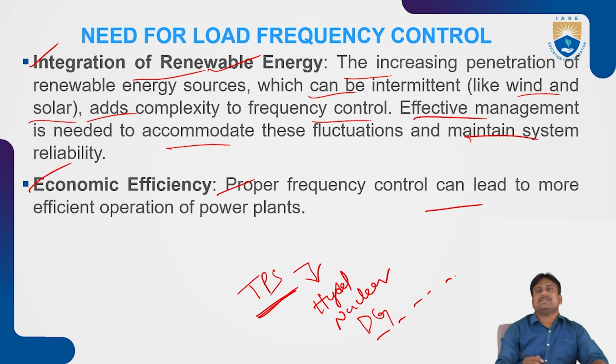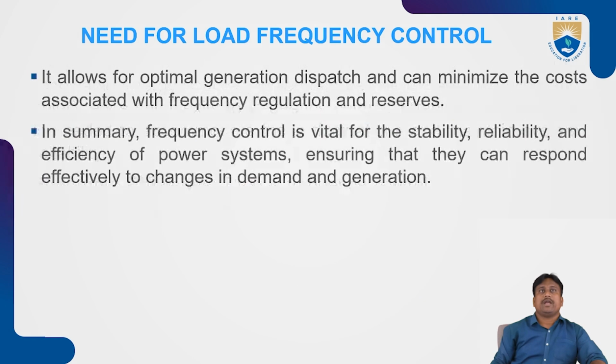Many power plants are supposed to operate for the integration of these systems with economic efficiency into the power system network, which gives smooth results under certain conditions. It allows for optimal generation dispatch, minimizes the costs associated with frequency regulation, and makes the reserves smoother.